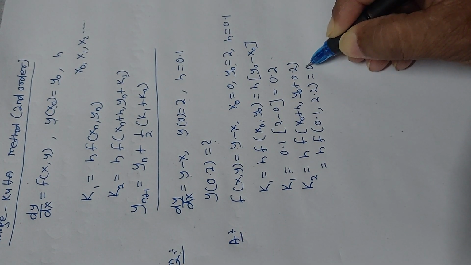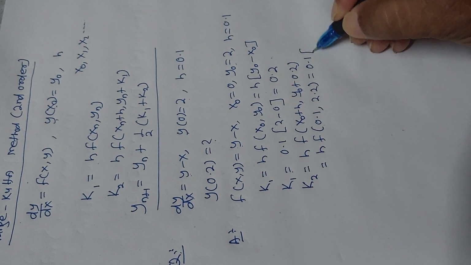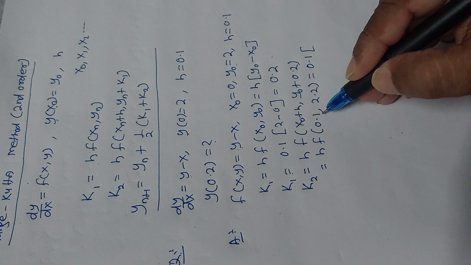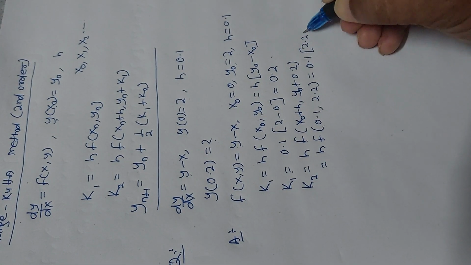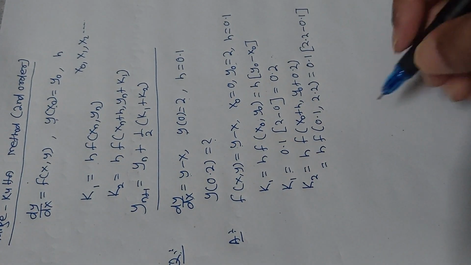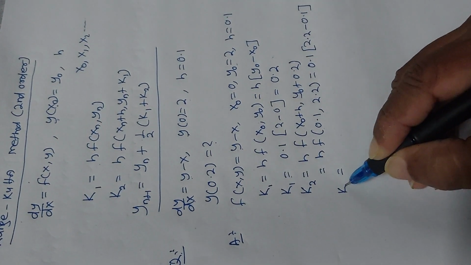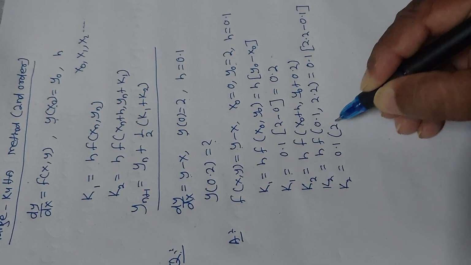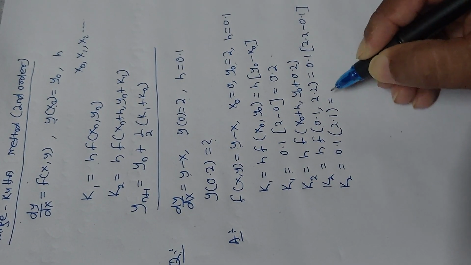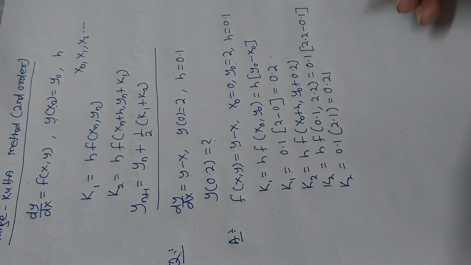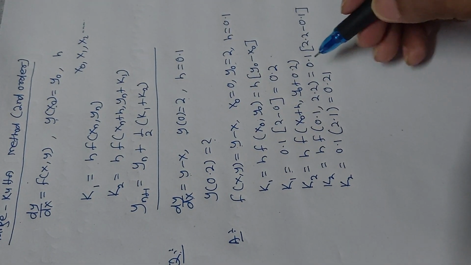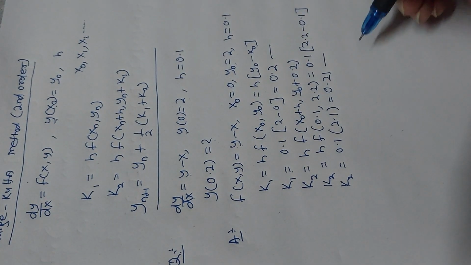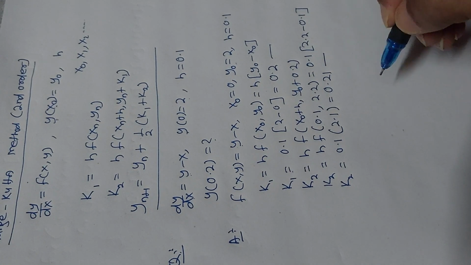Now h is 0.1 into f of 0.1, 2.2, that means 2.2 minus 0.1, so k2 is 0.1 into 2.1, that is 0.21. So now k1 is 0.2 and k2 is 0.21.